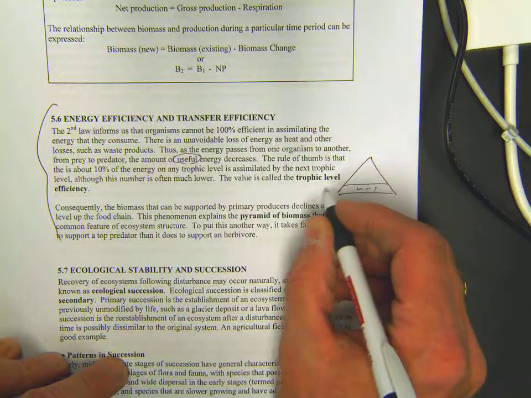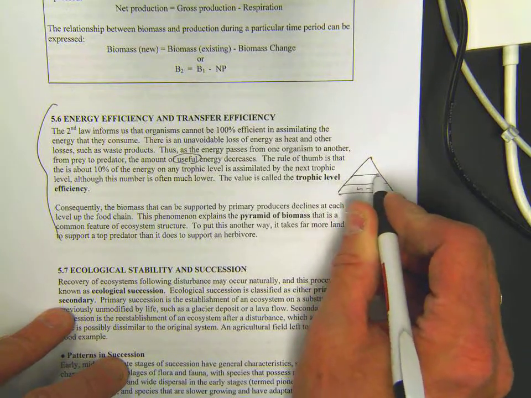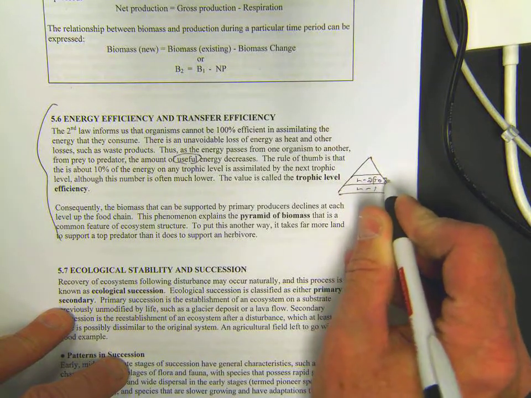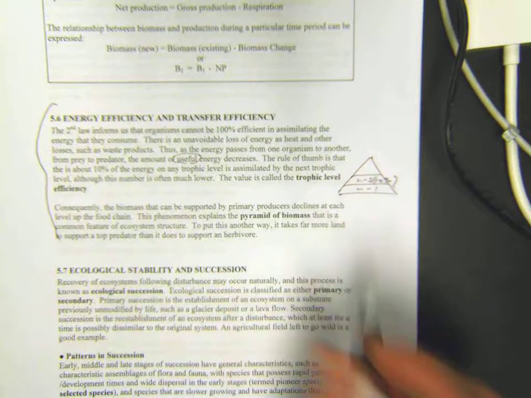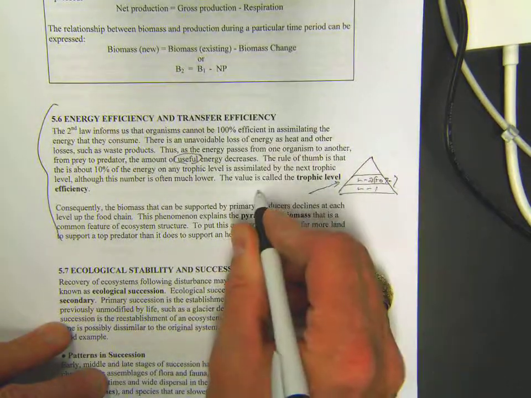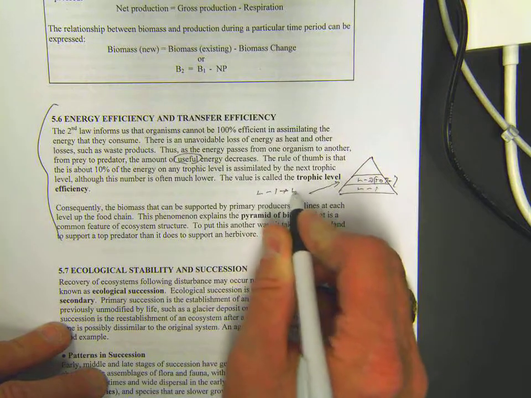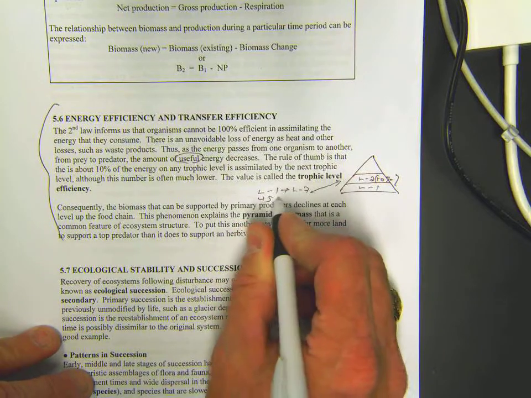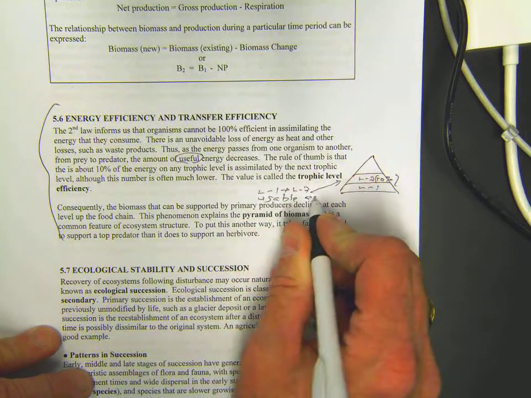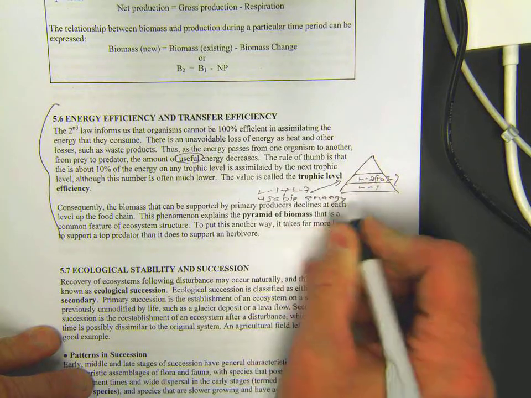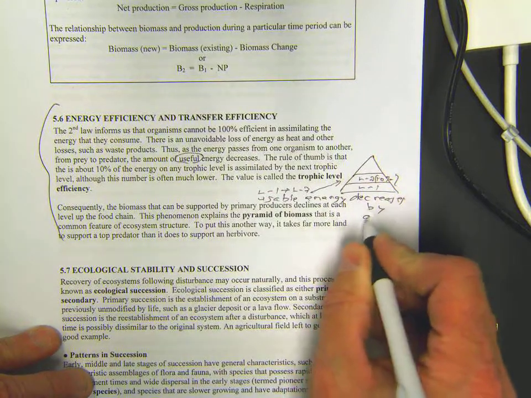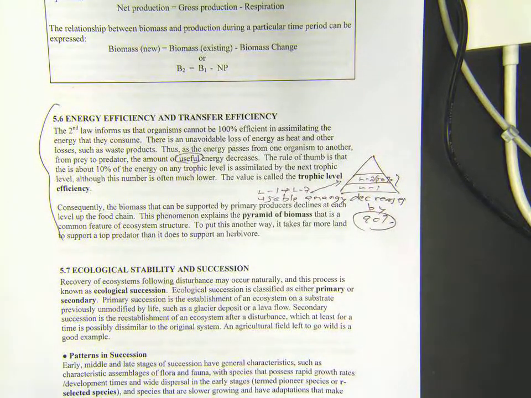So basically, level 2 has only 10% of the energy that was available on level 1, which basically means when I go from level 1 to level 2, the usable energy decreases by 90%. If you think about that, it's just staggering how much energy is lost as you go up the chain.